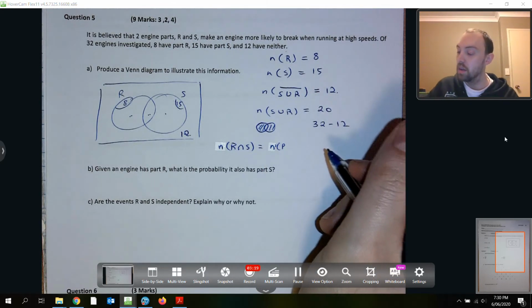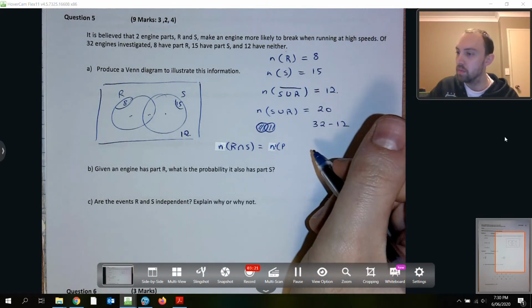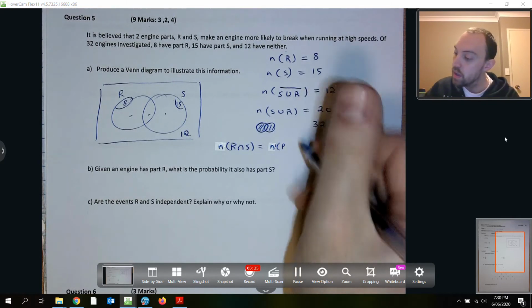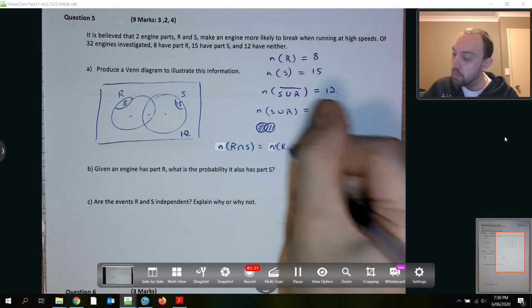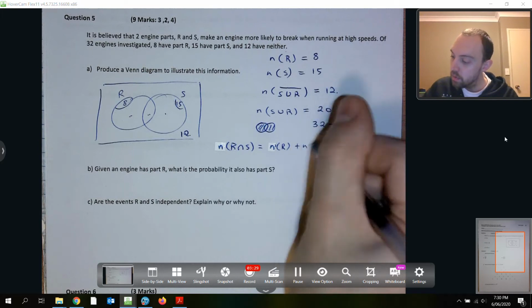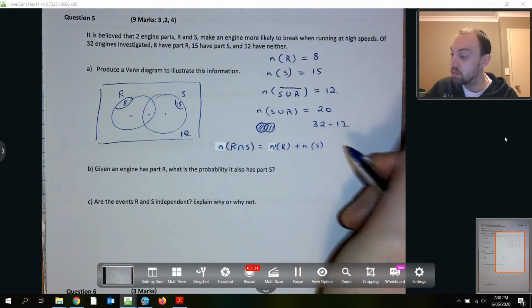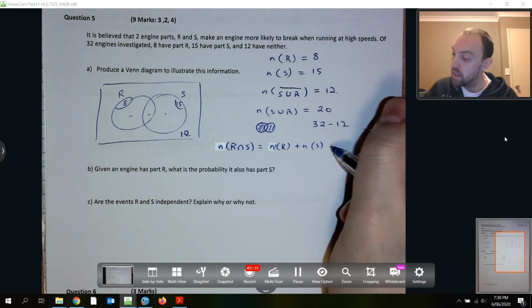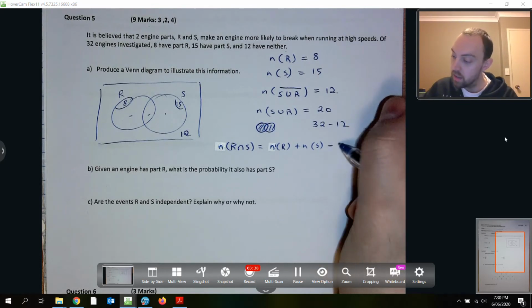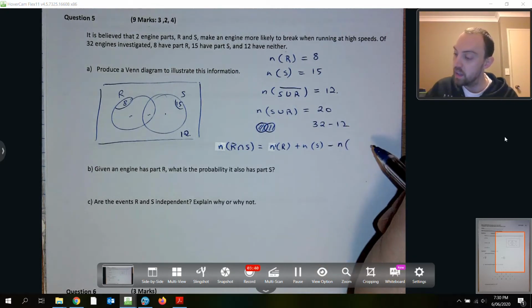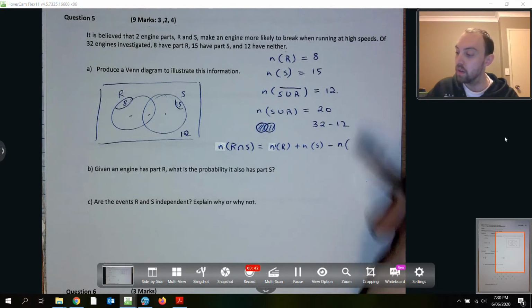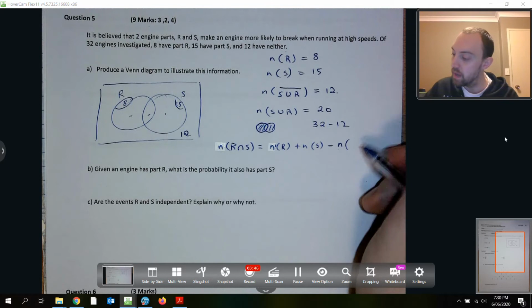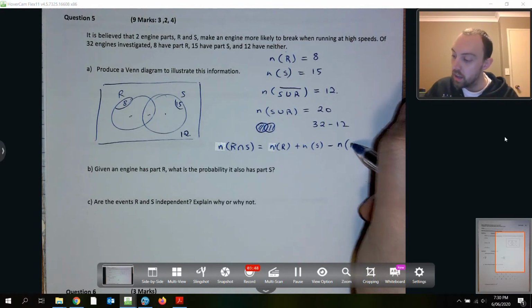Number of outcomes in each one, that'll do. The number in R plus the number in S, take the number of elements in both of them. Okay, what's the other word for this? I'll come back to it.